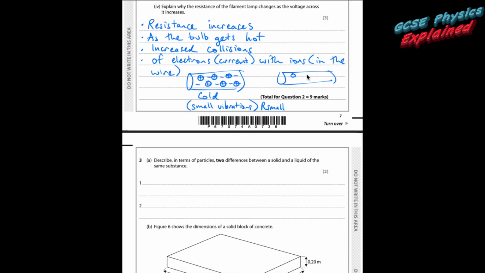As the wire gets hotter, these ions start to vibrate more because they've got more kinetic energy. Now when the little electrons try to go down through the wire, there's a lot more collisions. And collisions is basically the resistance. So the resistance gets big.